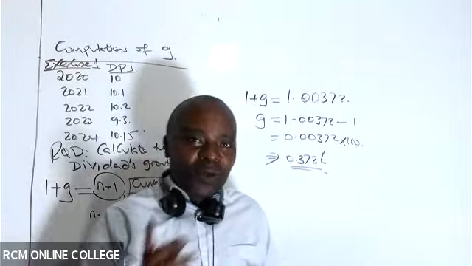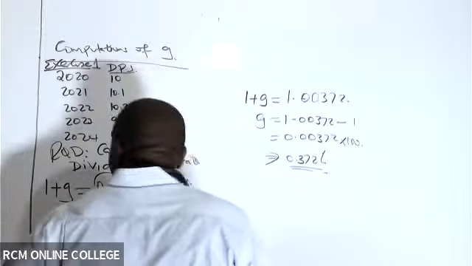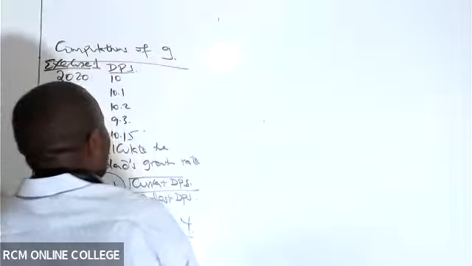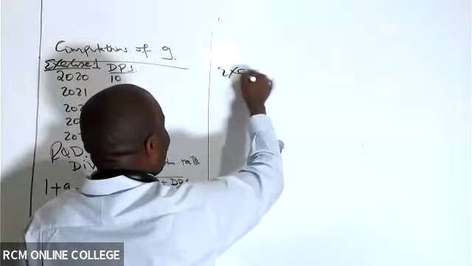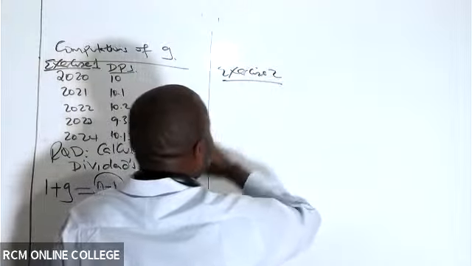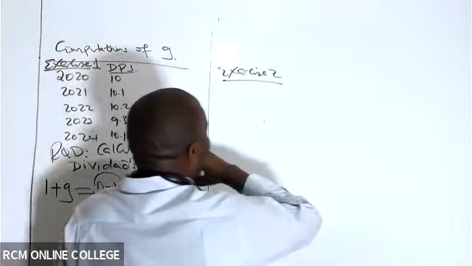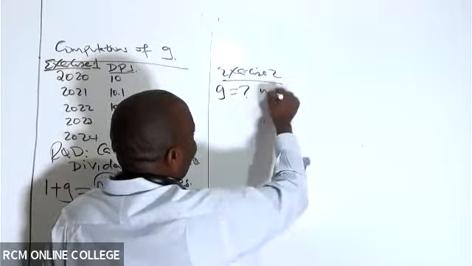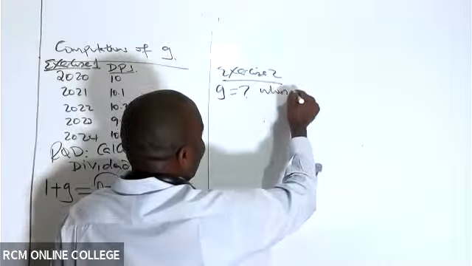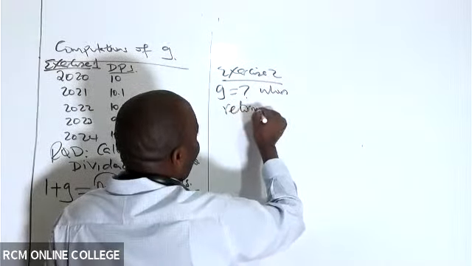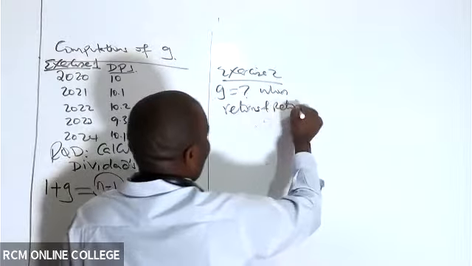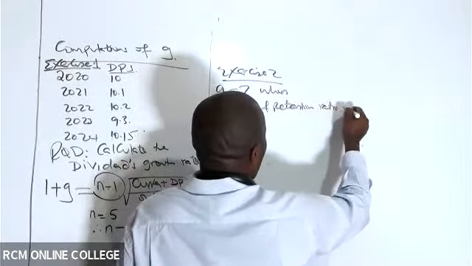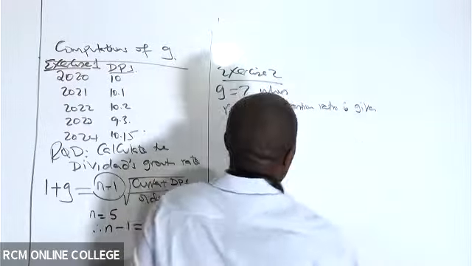So we have a very, very important exercise, ladies and gentlemen, that I would want us to do, which is exercise number 2, where we want to calculate growth rate when returns and retention ratio are given.